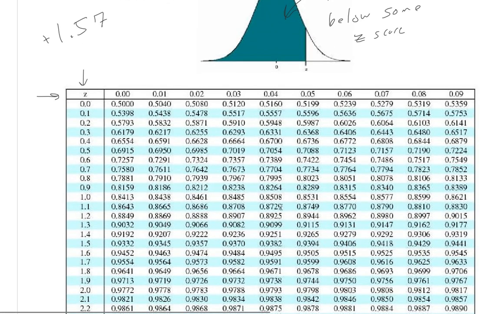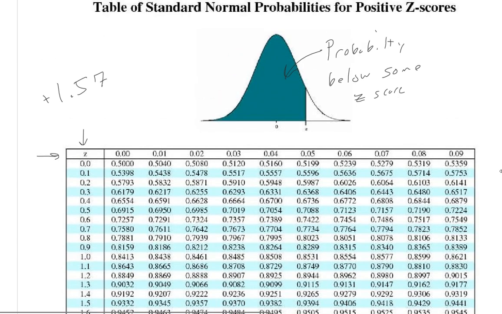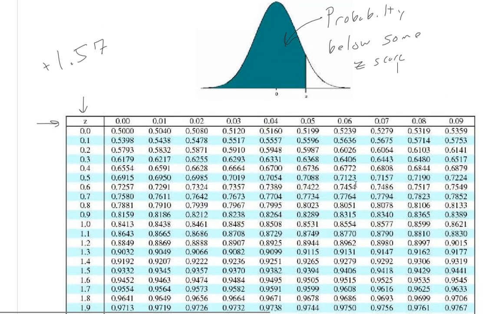Now, how to use this table exactly? Well, I'll scroll down a little bit. What I want to do is find the z-score. The column here will be where you start. The column will represent the whole number and then the first digit after the decimal. So you see 0.0, 0.1, 0.2, 0.3, 0.4, 0.5, etc. I want 1.5.